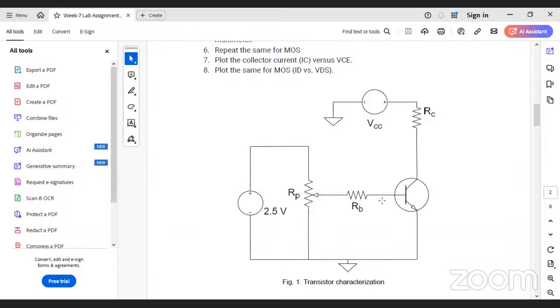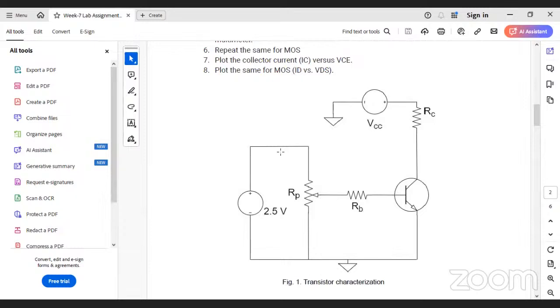Here, first of all, you have to keep a constant voltage VCE, that you will get from the transistor data sheet. So can anyone please tell me what transistor model number has been shared with you, or please inform me.